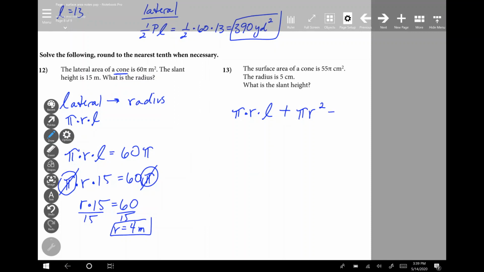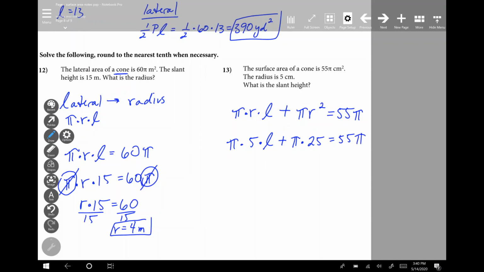And they tell us that that's 55 pi. Then they say the radius is 5, and what is the slant height? I'm going to plug in 5 for my radius. So pi times 5 times L, plus pi times 25, because 5 squared is 25.